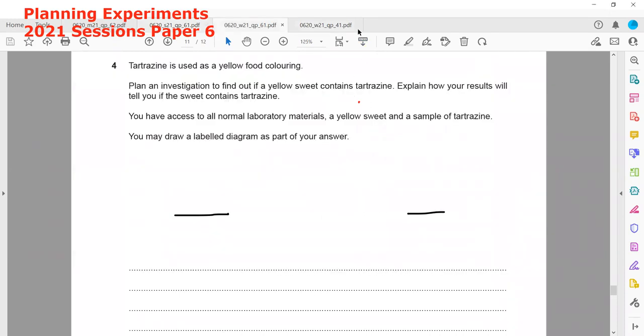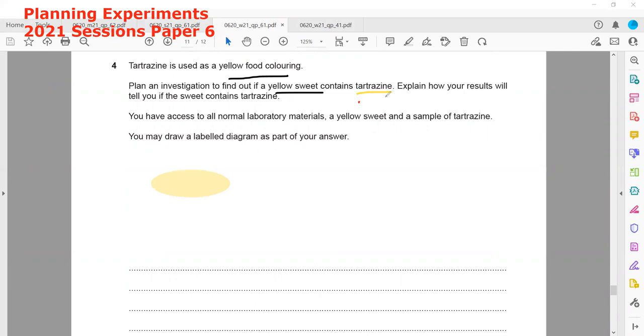Then another question. Tartrazine is a yellow food coloring. Plan an investigation to find if a yellow sweet, for example, say this is a yellow sweet, contains tartrazine. How can we find this?